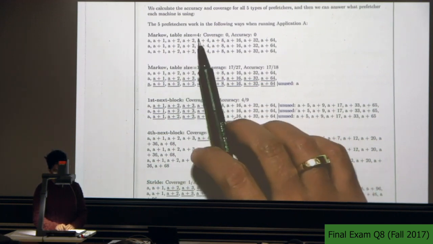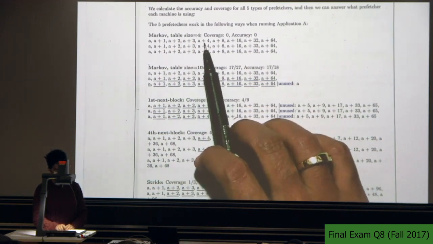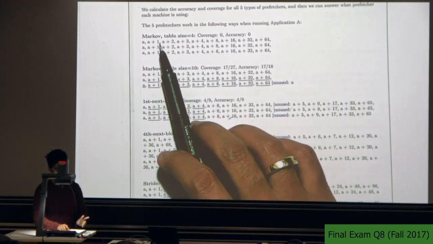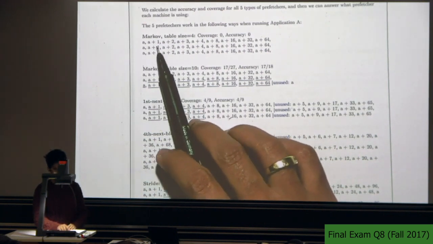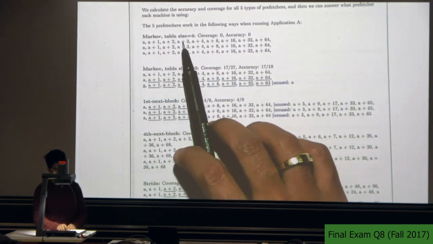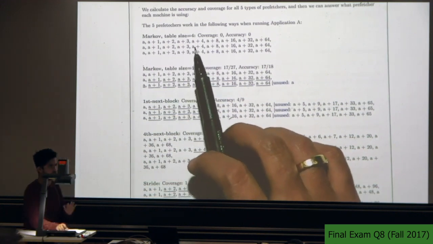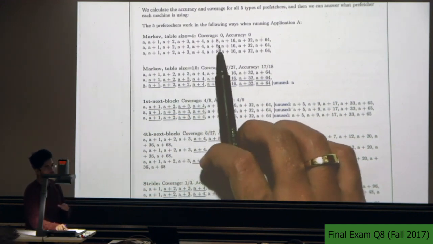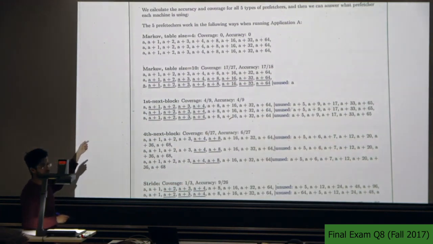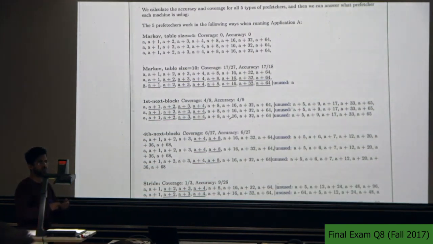By the time it reaches A plus 4, you have 4 learnings: A to A plus 1, A plus 1 to A plus 2, A plus 2 to A plus 3, and A plus 3 to A plus 4. Now if you go to A plus 8, you are dropping the first learning, and A plus 8 is completely new to the prefetcher. The prefetcher hasn't seen this cache block address before, so it cannot make any prediction in this case, right?